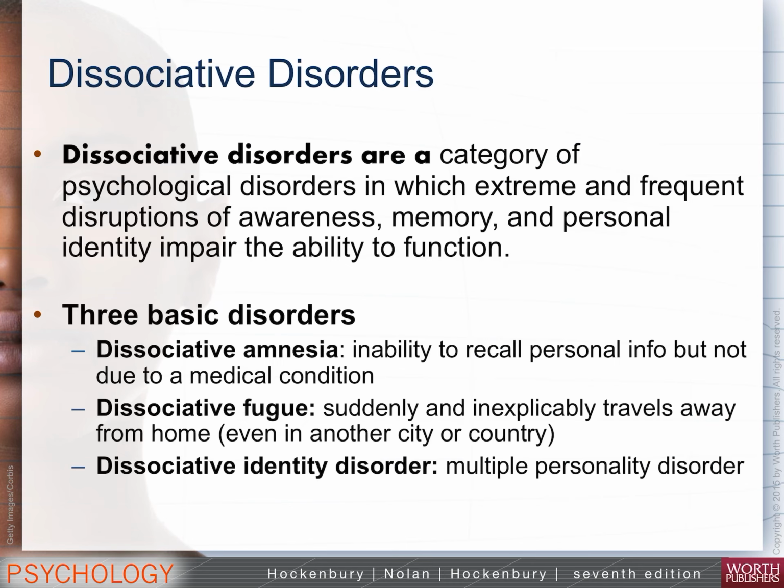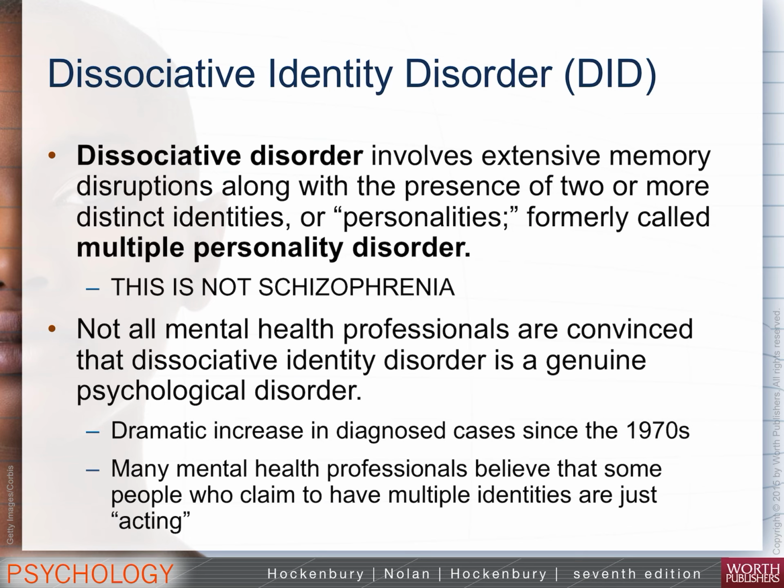Now, dissociative identity disorder is also referred to as multiple personality disorder. This is not schizophrenia, okay? Dissociative identity disorder, DID, is like having multiple identities, whereas schizophrenia is like having one identity that's shattered. Dissociative identity disorder is having multiple identities.